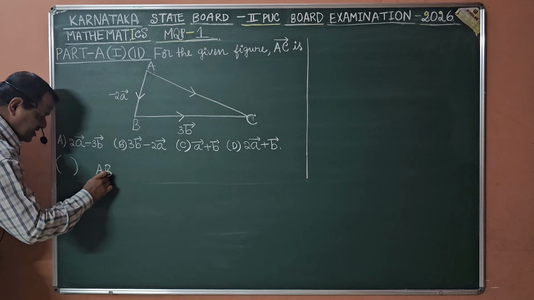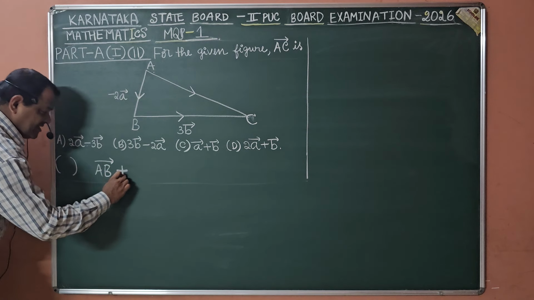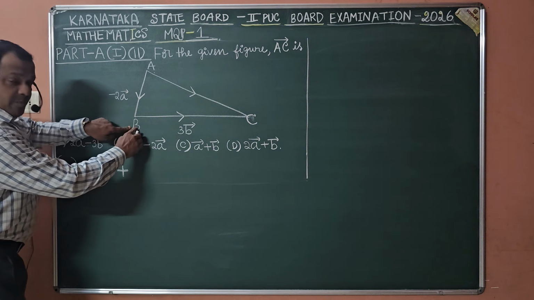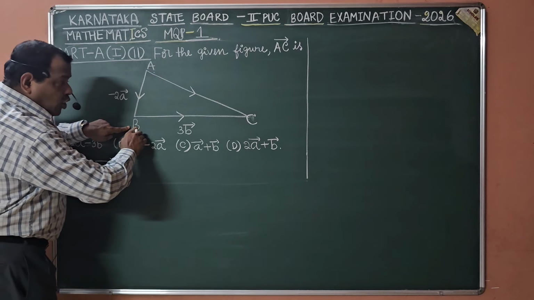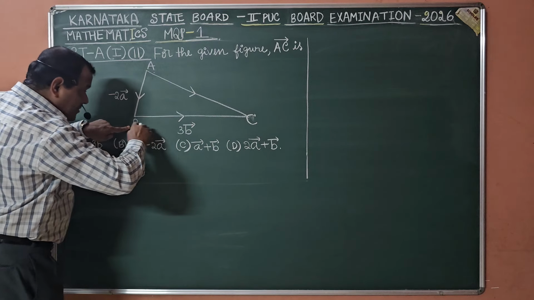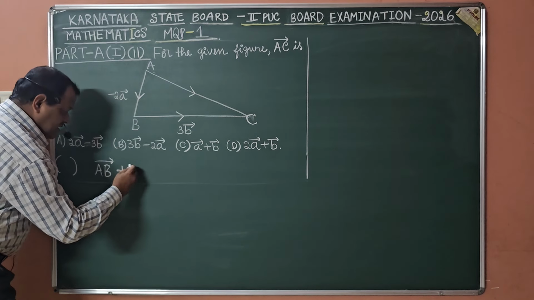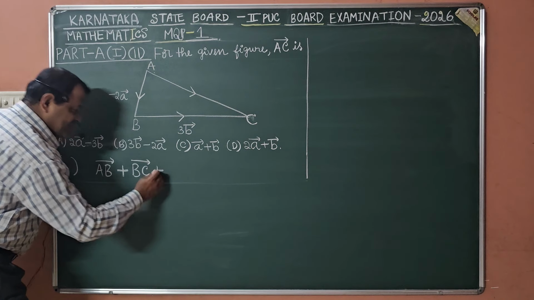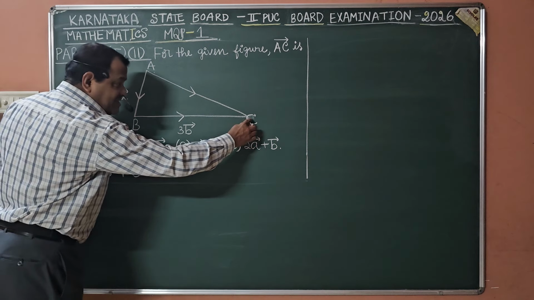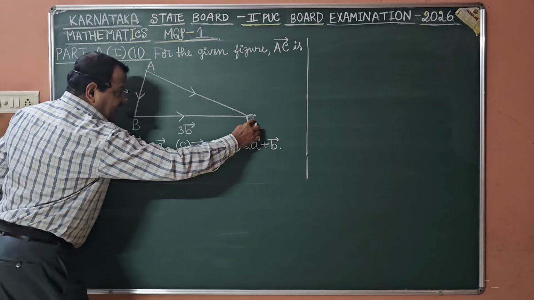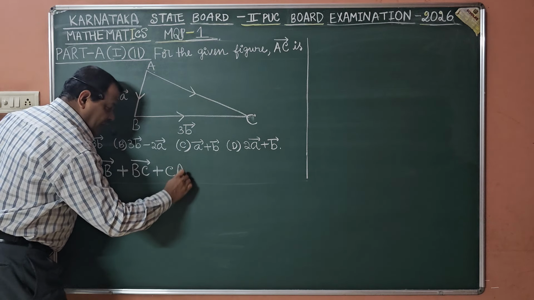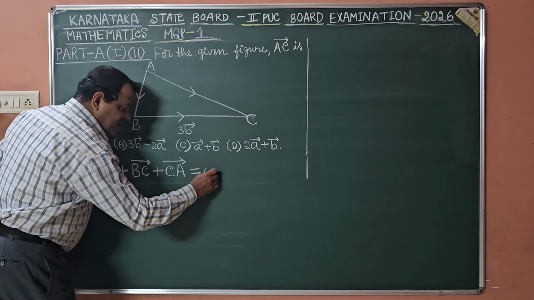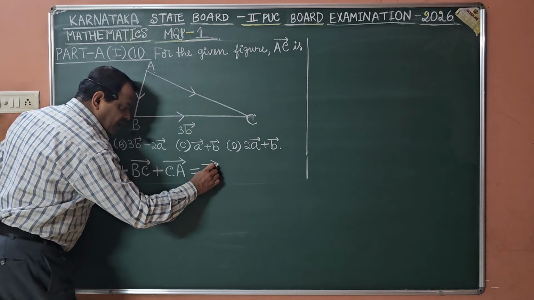You stopped with the point B. Start from B and go further in the same direction, plus BC vector. Now you start from C, C to A vector. When you add, the sum of the 3 vectors is always a 0 vector.